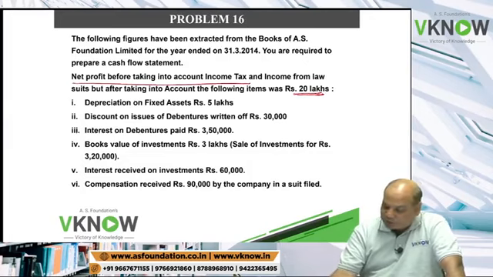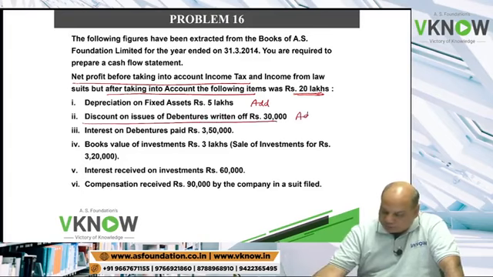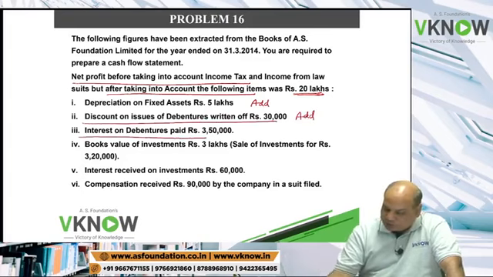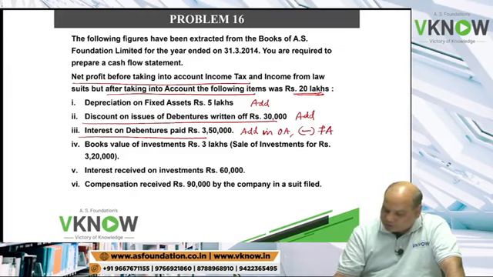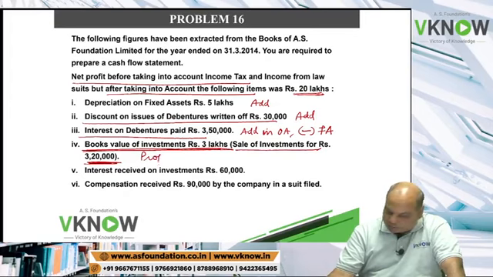Depreciation, it is after taking into account the following items. Depreciation: add, non-cash item. Discount on debenture written off: add. Interest on debenture paid: add in operating activity, deduct in financing activity. Book value of investment 3 lakh, sale of investment 3 lakh 20,000, so there is a profit of 20,000.